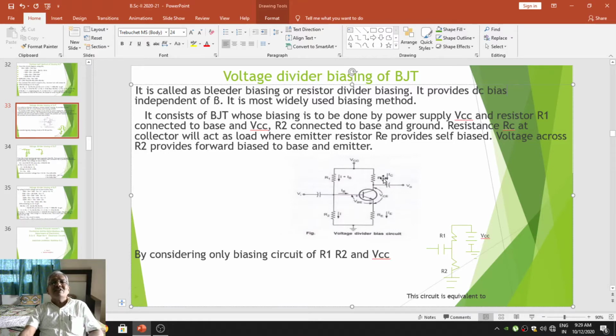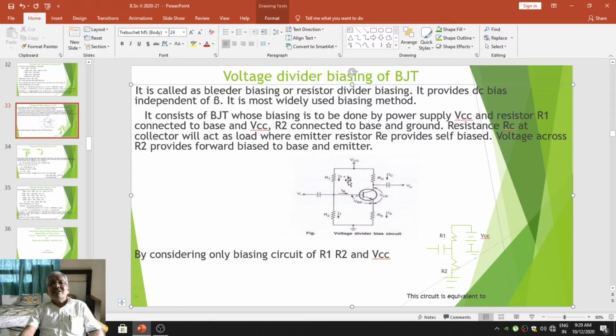Collector resistance RC, also called the load resistance RL, is the resistance across which we get the output voltage. The resistances R1 and R2, represented in the figure, are called the resistor dividing network or voltage dividing network. Resistance R1 is connected between base and VCC, whereas resistance R2 is connected between base and ground.